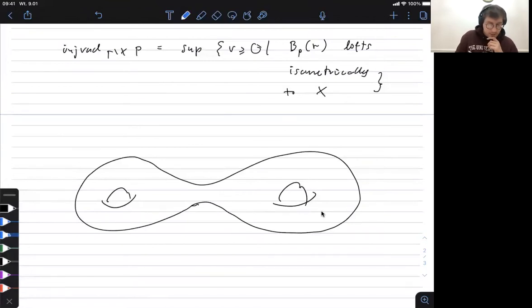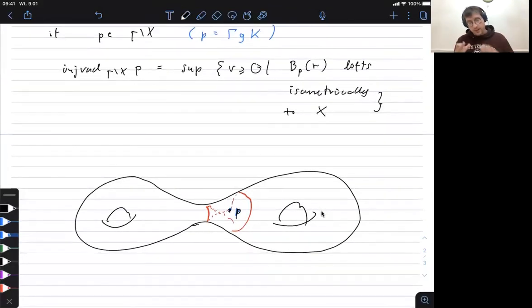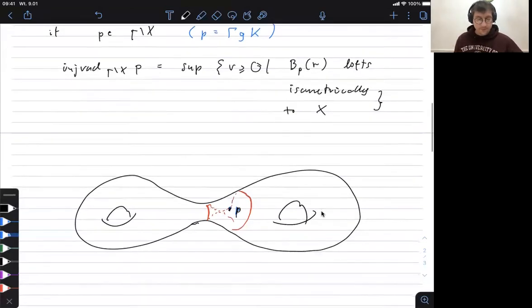In this case, the injectivity radius will be just the radius of the largest ball that you can take around this point p such that this ball does not overlap itself. So that's the injectivity radius. It measures how far we must go in the locally symmetric space to see that we return to the same point.